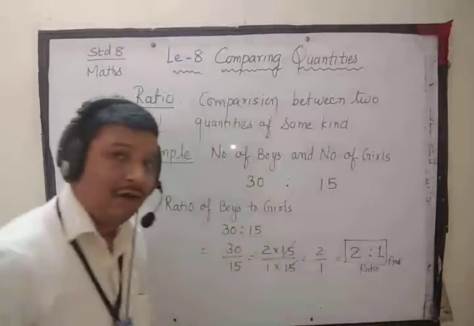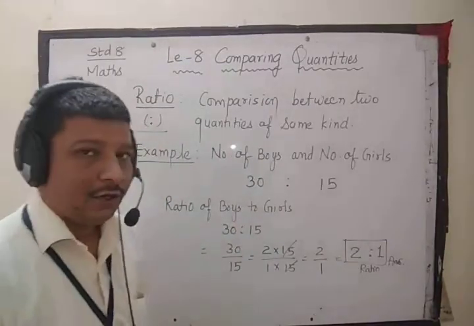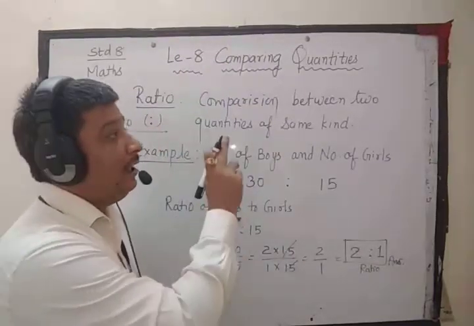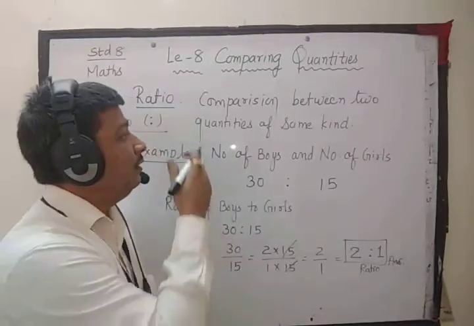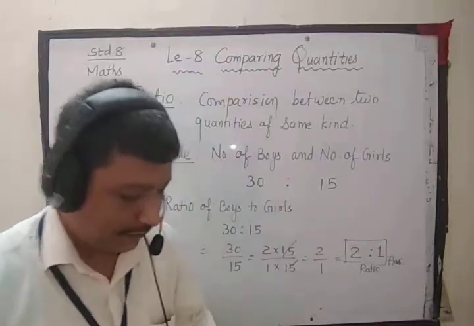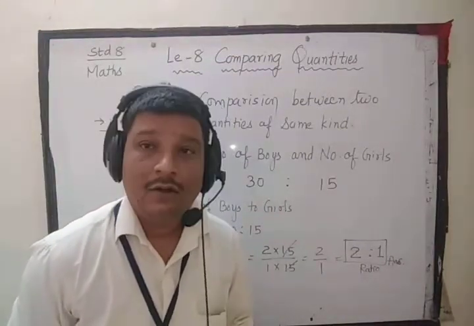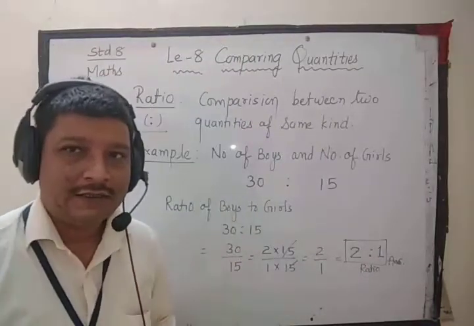This we have learned in our Standard 7. Now remember, comparing two quantities of same kind. The kind should be the same. We can take many other examples of this. That you have already studied in Standard 7.